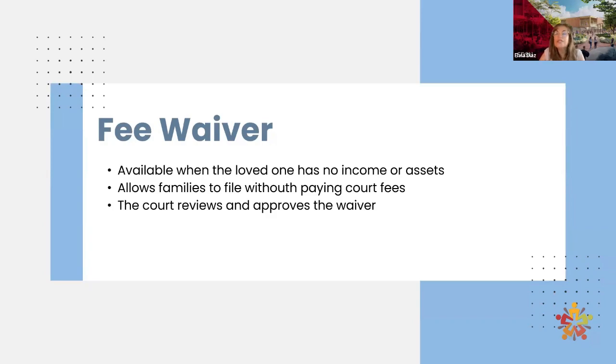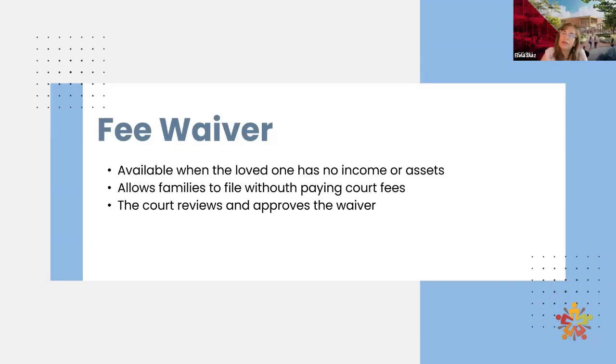Also, you need to file for a fee waiver. This fee waiver is available when the loved one has no income or assets. It allows families to file without paying court fees, and the court reviews and approves the waiver. Usually, if the person to be conserved has Medi-Cal, the waiver is usually granted.